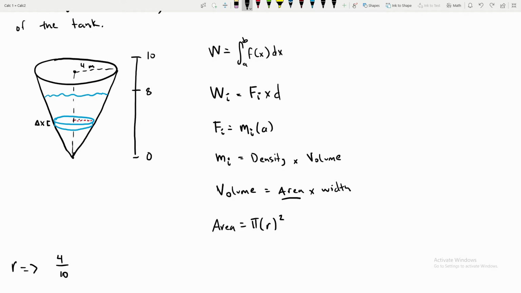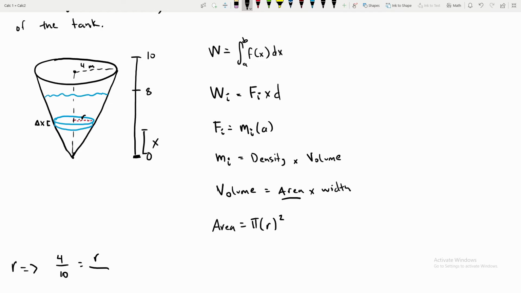Now if we look at this triangle right here, I'm going to mark it in dark black. Let's express that radius and the height. The radius is going to be here, and that's what we're looking for, so we're going to leave it as r. But what is the height? We don't exactly know where this layer is going to be located, but if we've labeled the bottom as 0, the height is going to be x units upwards.